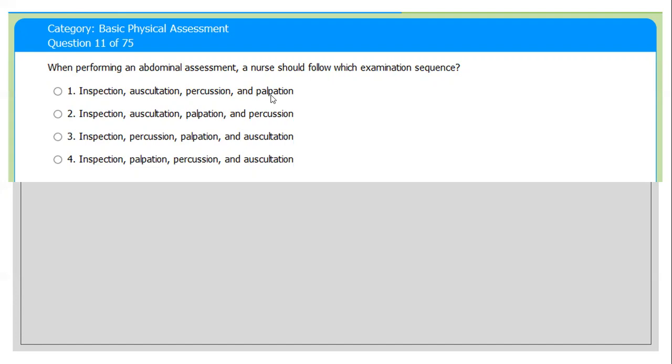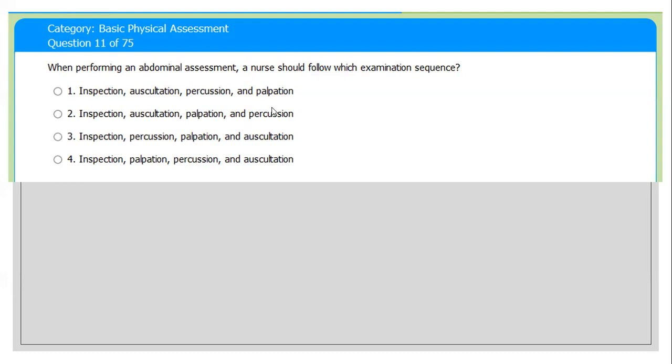You feel superficial or light and then deep. It is the last. For the lungs, auscultation is the last, but for the abdomen, palpation is last.